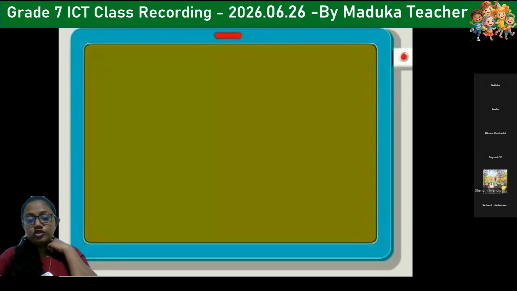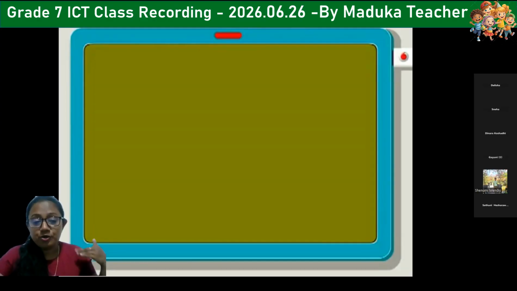Let's watch these 2 videos first. This is not only about using the keyboard correctly. This is all about how to use good postures when we are using computers. Not only the keyboard.